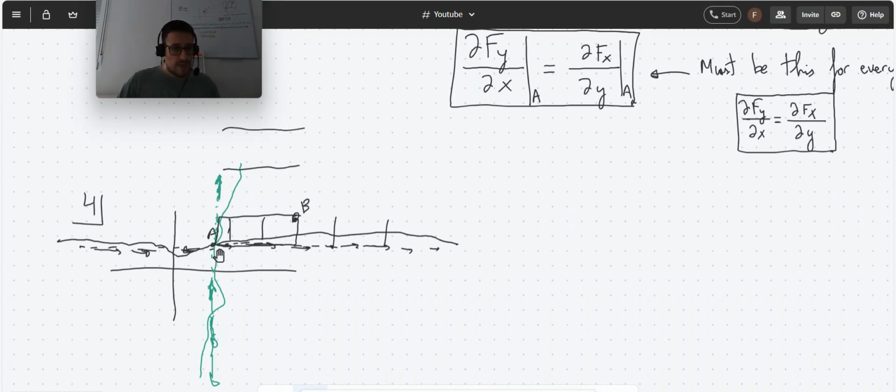What does it mean? It means that if you are moving through the x direction, there's no variation in the y component, only in the x component of the force. The same applies if you are moving in the y direction. There's only variation in the y component of the force, but not in the x component.